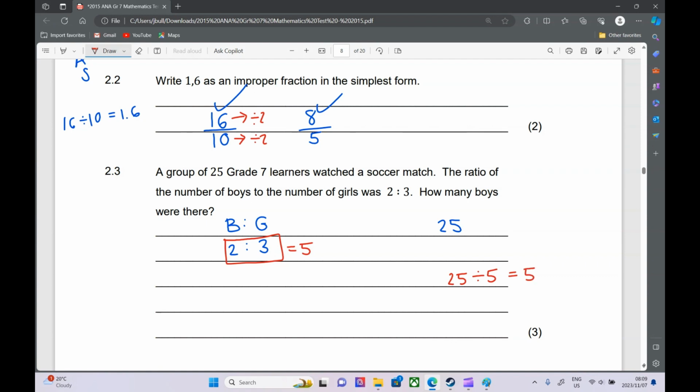And then you have to times both of these parts by that answer. So 2 times 5 and 3 times 5. 2 times 5 is 10. 3 times 5 is 15. So at this soccer match, there were 10 boys and 15 girls. So that is our answer there, 10 boys.